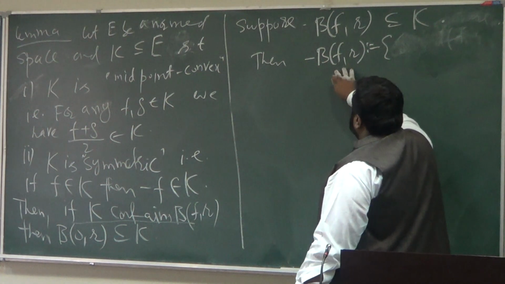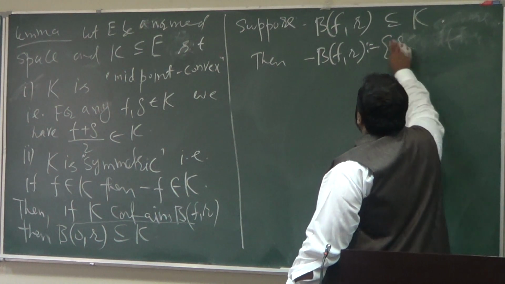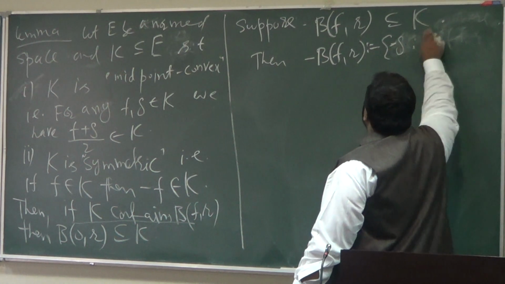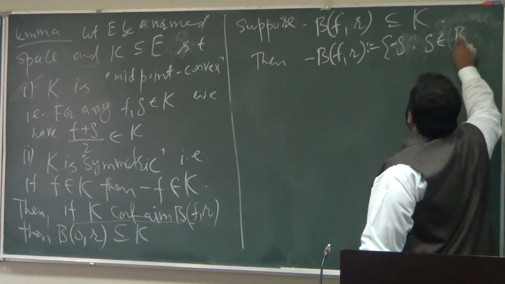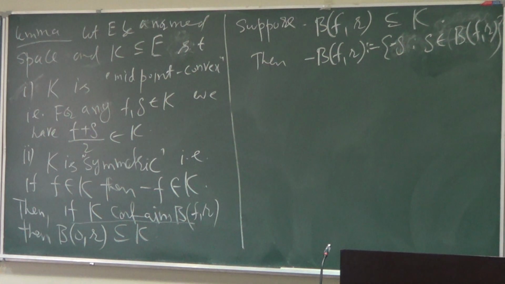So what would be the meaning of this? It contains the points G from E. Okay, so it contains minus G such that G is from the ball.